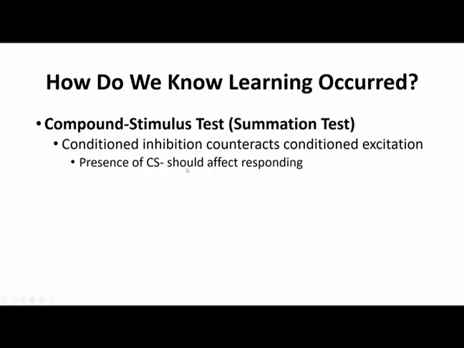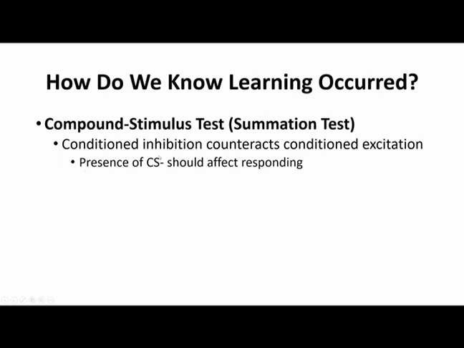Next, we have a compound stimulus test, or sometimes called a summation test. This one's a little bit more complicated, so we're going to talk through it with an example. Now, this test is based on the idea that conditioned inhibition is going to inhibit or counteract our conditioned excitation.